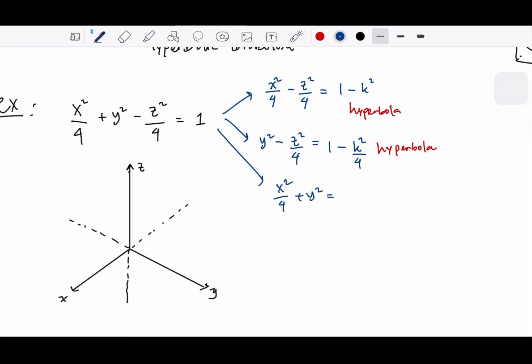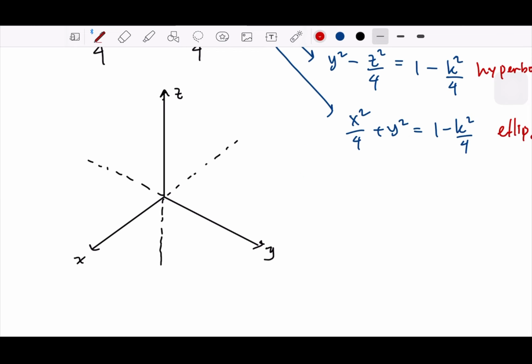Now we have the other one as the ellipse. Now we are going to have this hyperbola if we are taking the yz plane. So we have the top down on yz. Let's draw.